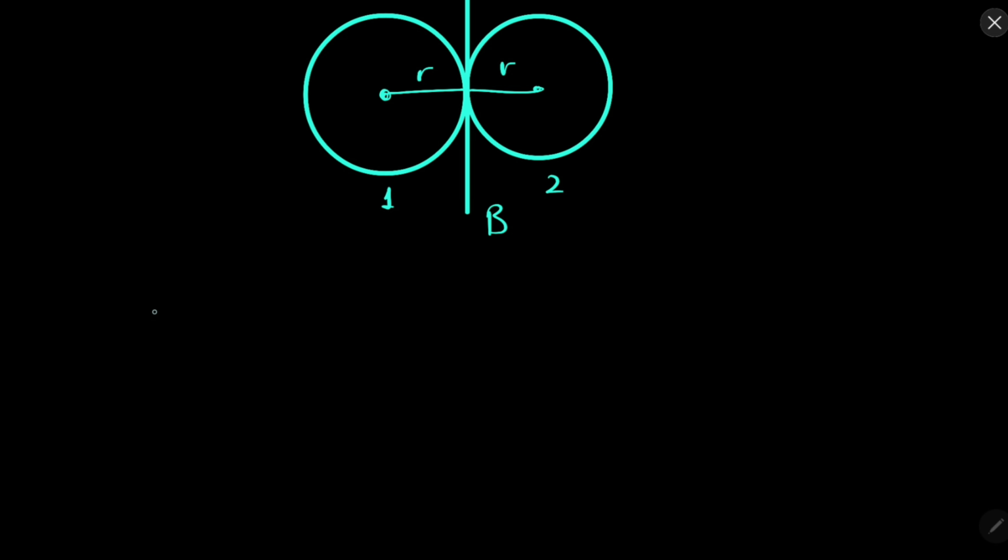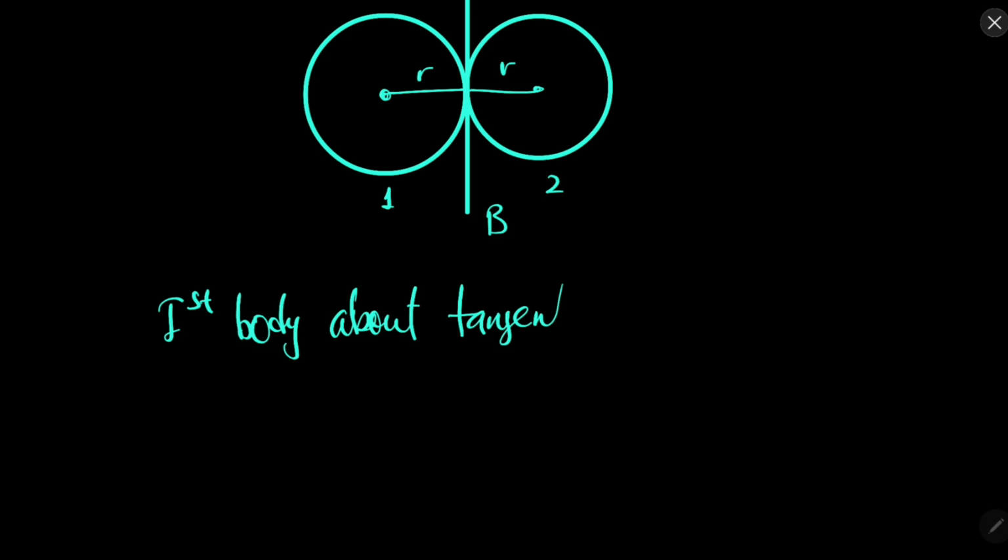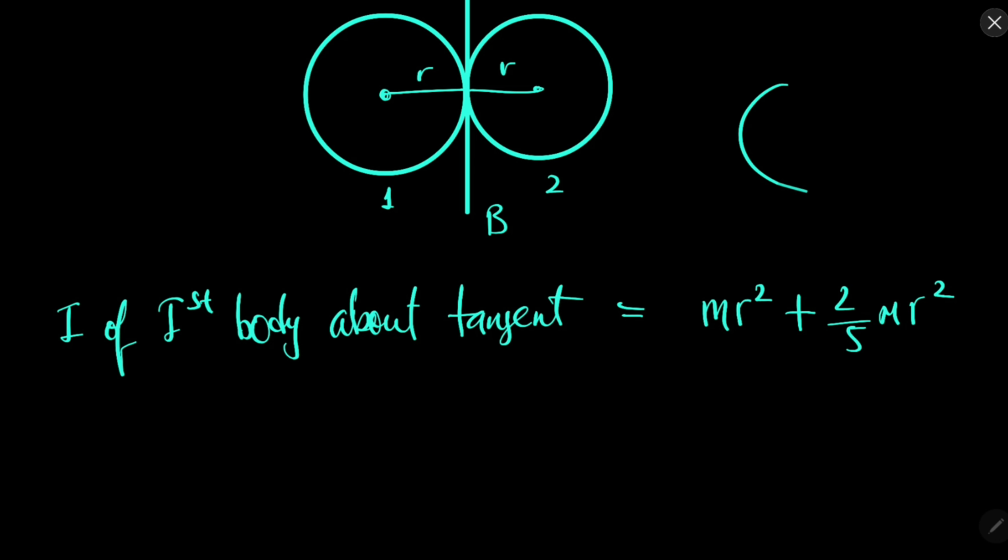Now we have 2 bodies of mass m and radius r, with the common tangent, this common tangent, okay. So the moment of inertia of the first body about the tangent is given by mr square plus 2 by 5 mr square. This is the general formula for any sphere, okay.